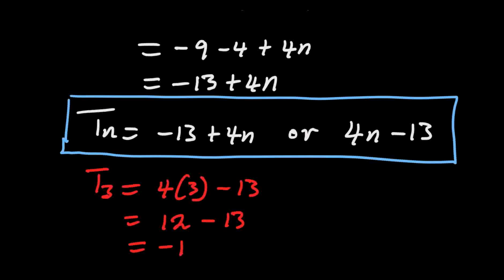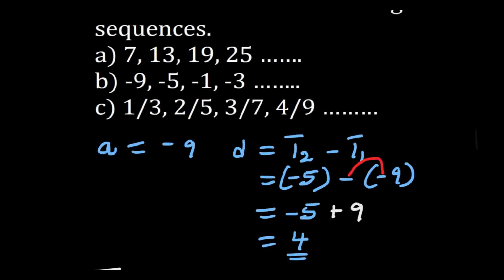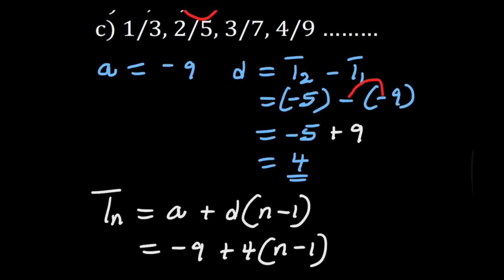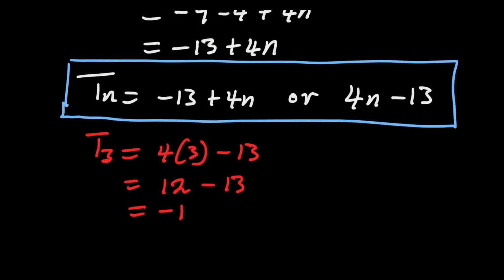So let's check if the third term is negative 1. As you can see over here, the third term is negative 1. So it means that the rule is accurate. Okay, so this is the answer to that question. All right, let's go to the next question.